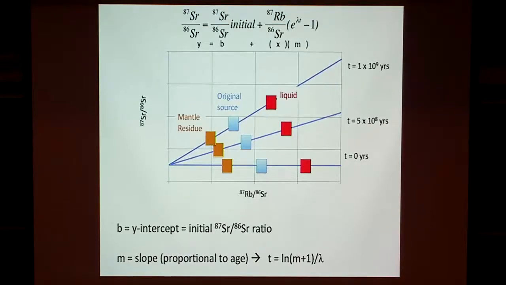Now, the key for this to work is that you need to have at least 2 points to define a line, right? Because you have an equation here with 2 unknowns. You don't know the initial 87-86 strontium, and you don't know t. So you need to measure this and this in 2 different rocks. Right?